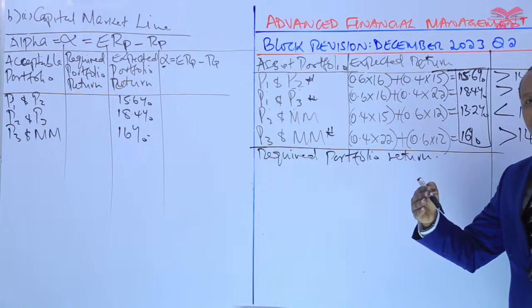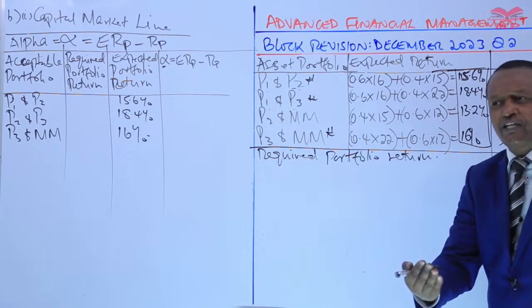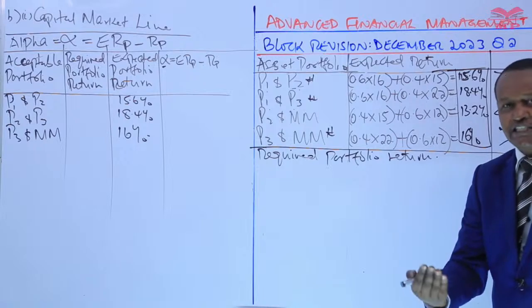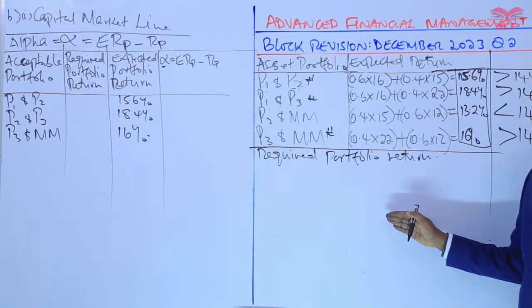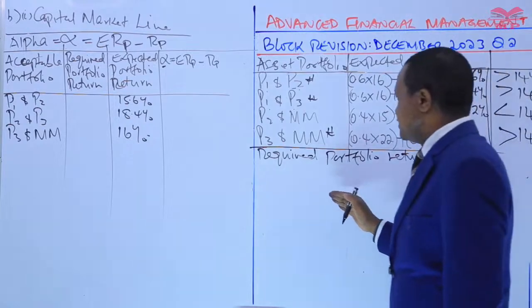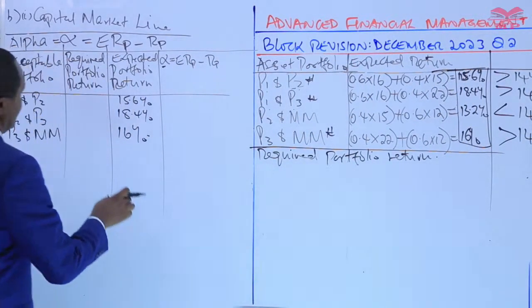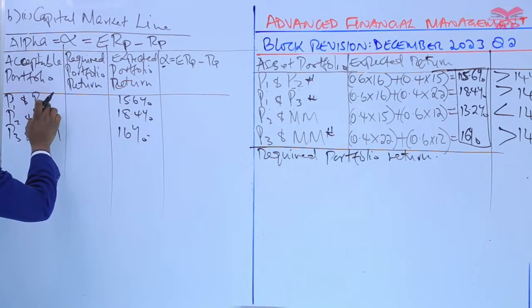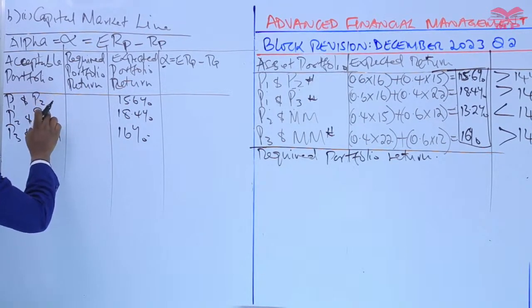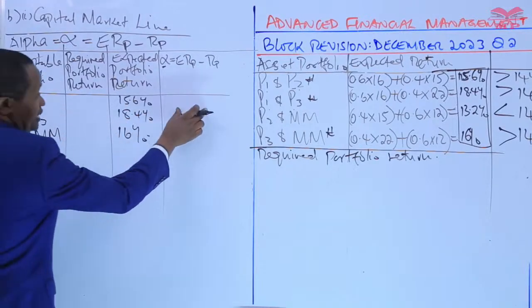In other words, it represents the level of return necessary to satisfy an investor's needs, aspirations, and financial obligations. So we are going to calculate the required rate of return, then plug it in for each portfolio: P1 and P2, P2 and P3, P3 and MM. Then we will calculate the alpha.